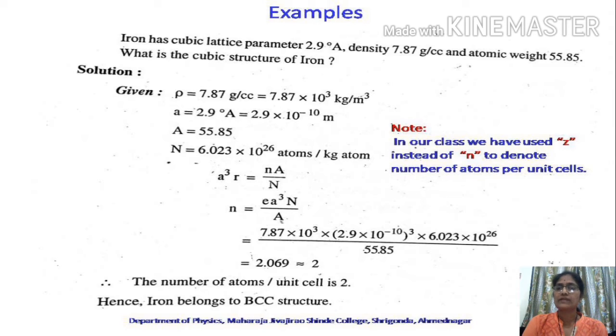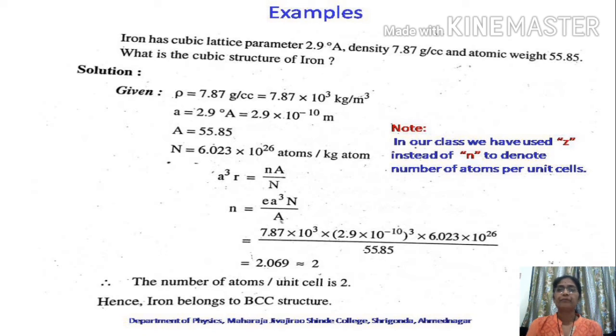Let's see the first example. Here I am going to read it. Iron has cubic lattice parameter 2.9 angstrom. Density of iron is given as 7.87 gram per cc and atomic weight is given as 55.85, and you have to calculate what is the cubic structure of iron.